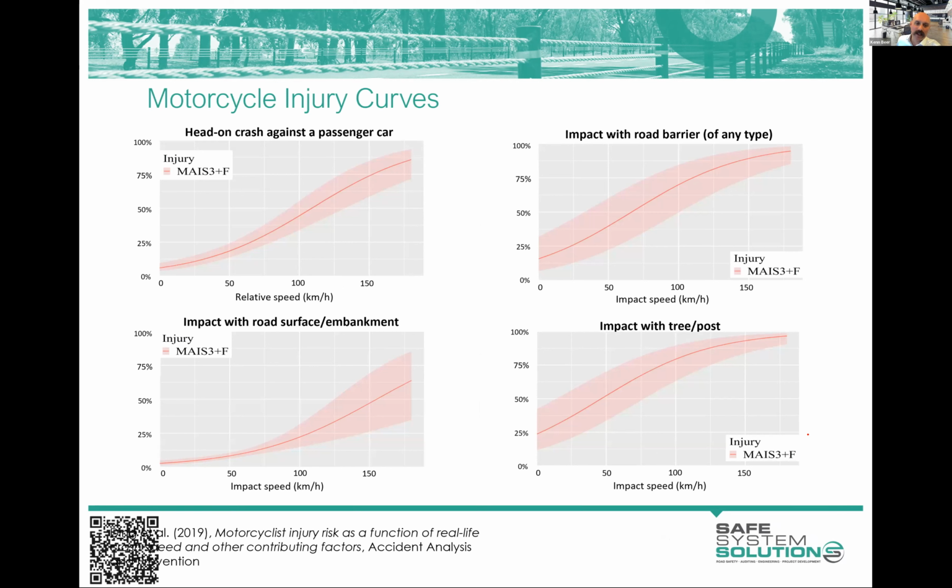Now, there's been some recent research into motorcyclist injury curves for different crash types, and you can see them there. That's looking at the MAIS 3 plus and fatal. MAIS is an injury severity scale, and 3 is the highest end of that, and F is obviously fatal.